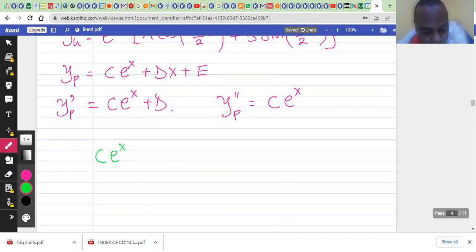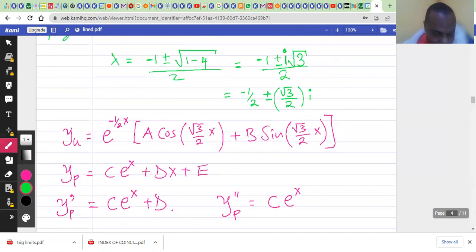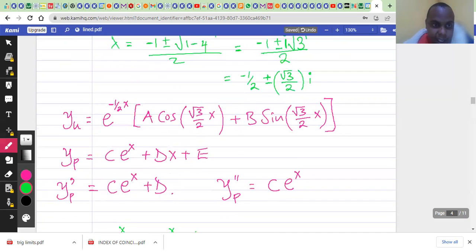Then we move on to the first derivative, which is Ce^x plus D. And then the last guy was y, right?